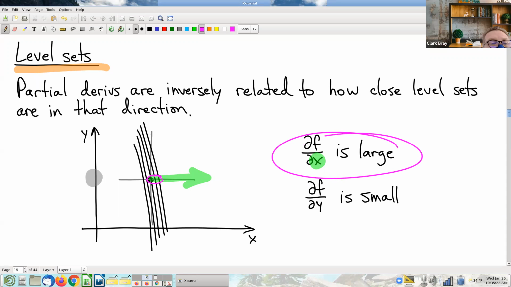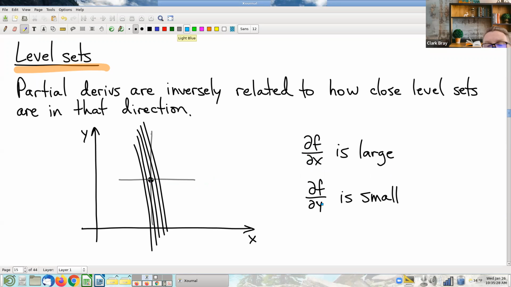Now by comparison, suppose we were looking at the partial with respect to y. That would mean we're moving in the y direction, which means x is constant. As I move in that direction, how fast is f changing?